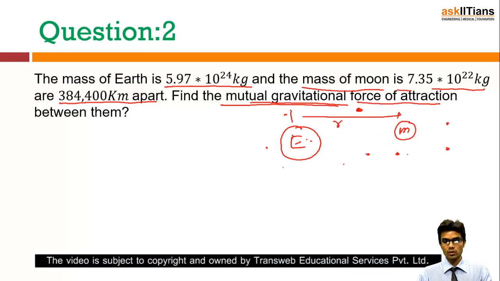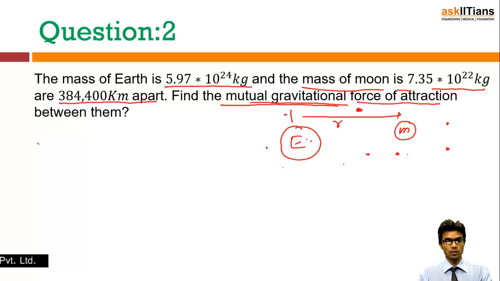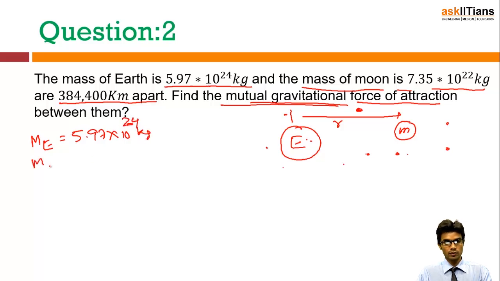So mass of earth is 5.97 into 10 to the power 24 kg. Mass of moon is 7.35 into 10 to the power 22 kg, and the distance is denoted by r, 384,400 in kilometer.